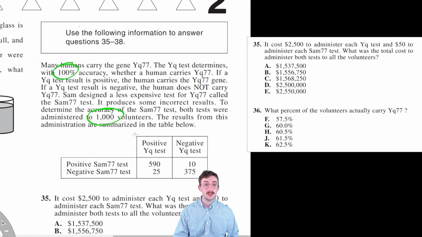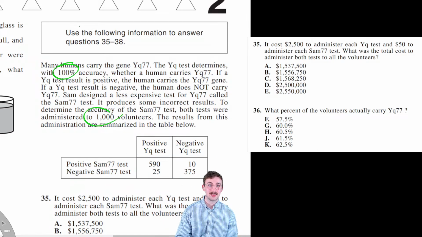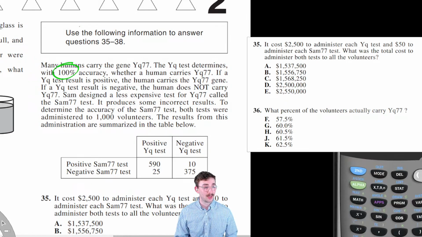This is why it's helpful to read the paragraph. It's not that hard of an extra step to add this up, but it's nice to know, hey, it's 1,000 volunteers. I actually should have written more on that. 1,000 volunteers, and for each volunteer, I'm gonna have to bring out my calculator.